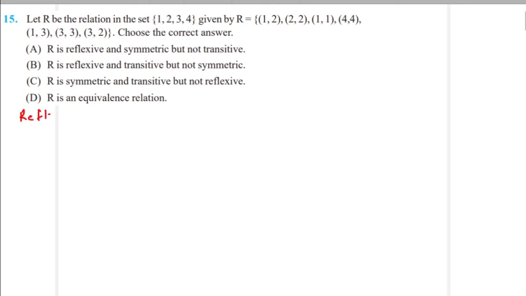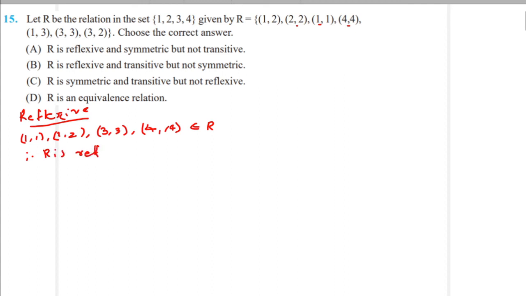Using the set {1, 2, 3, 4} we define the relation R. If R is reflexive, we check (1,1), (2,2), (3,3), (4,4). Here (1,1), (2,2), (4,4), (3,3) belong to R. Therefore R is a reflexive relation.